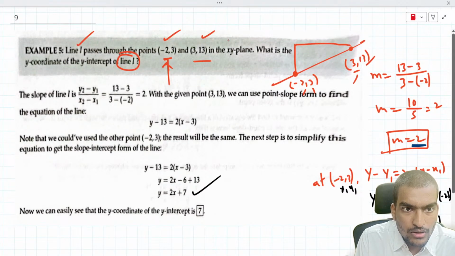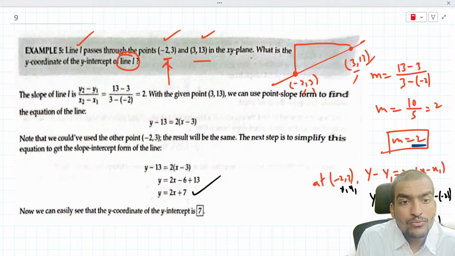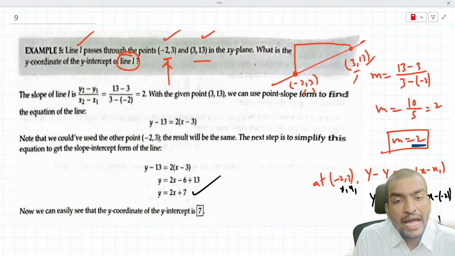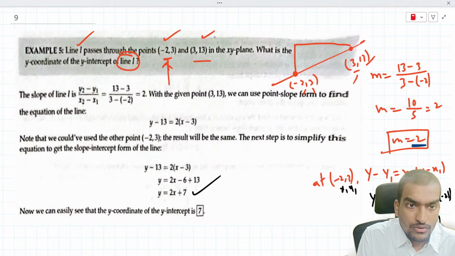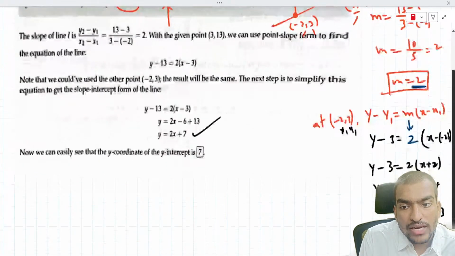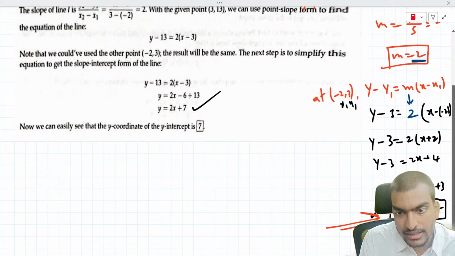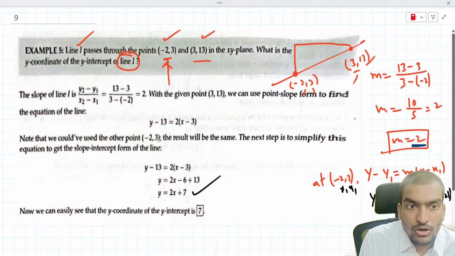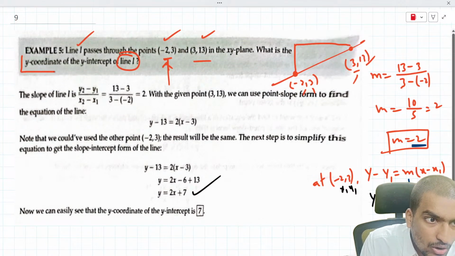So now, what is the main thing? We have to get the line equation which is passing through these 2 points. Why do we need to find this line equation? Because we need the y coordinate of the y intercept.